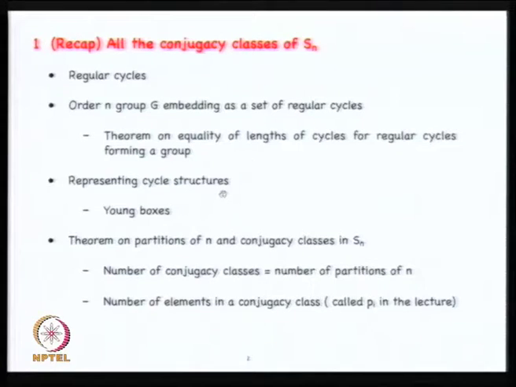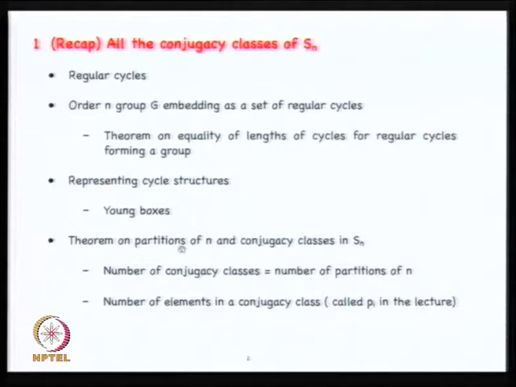So, we saw that the number of classes is equal to the number of irreps, and the sum of squares of the sizes of these is equal to the size of the whole group. This title is carried over from the previous, all the conjugacy classes of Sn, but it is just recapitulating some of that. We had done regular cycles, and representing cycle structures through Young boxes, that is what we will do today.